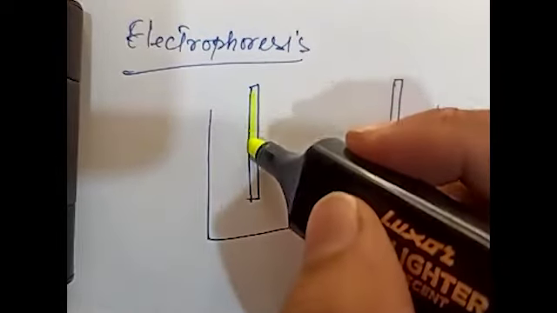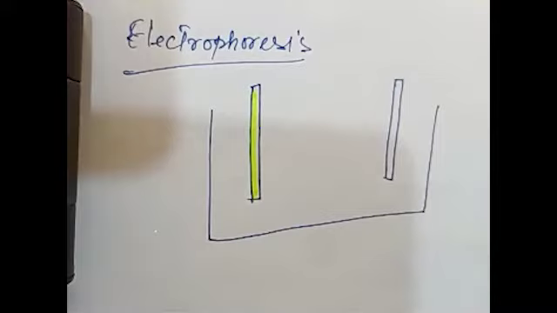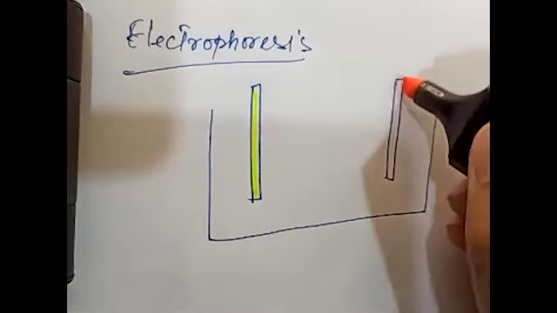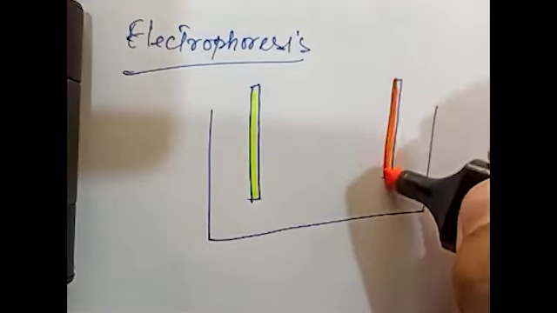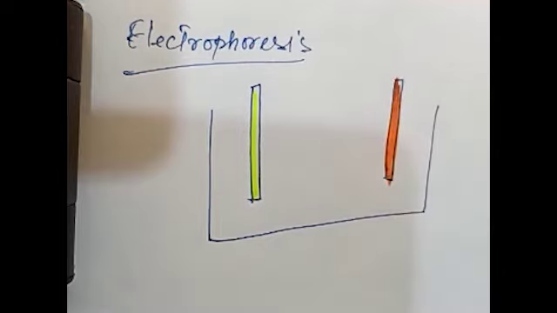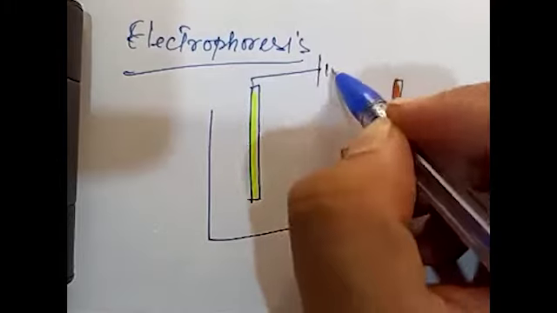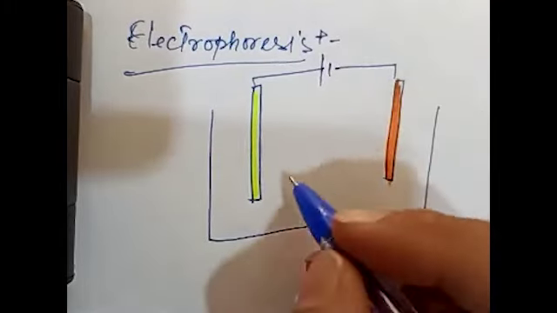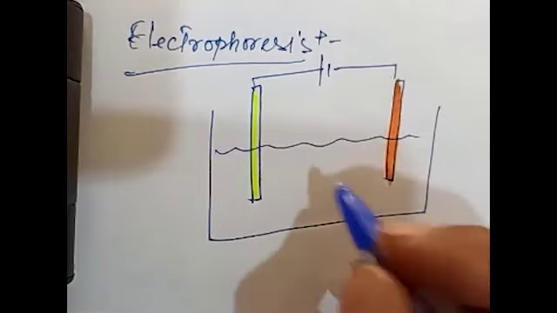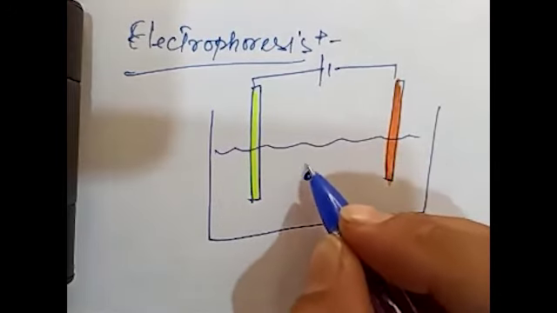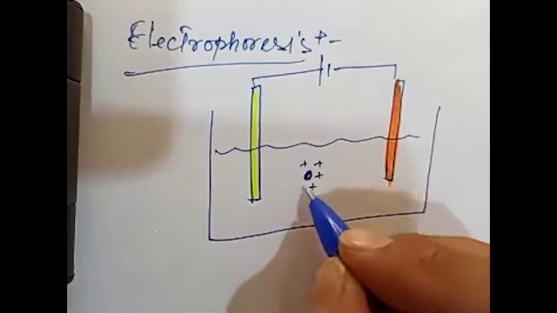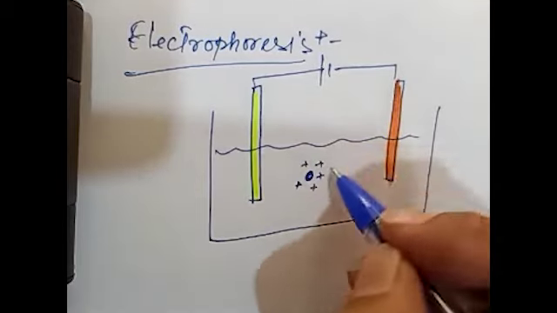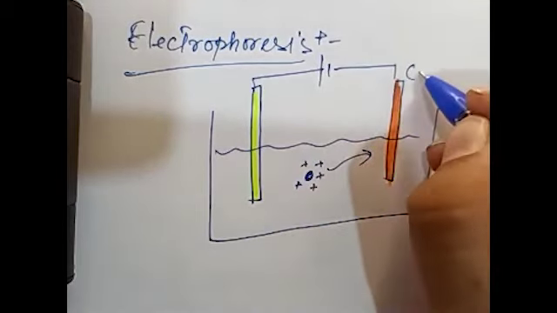Now, when you connect it to a battery, positive and negative, in this liquid, what happens? If the colloid is positively charged, definitely it will move towards the negative, which is the cathode.